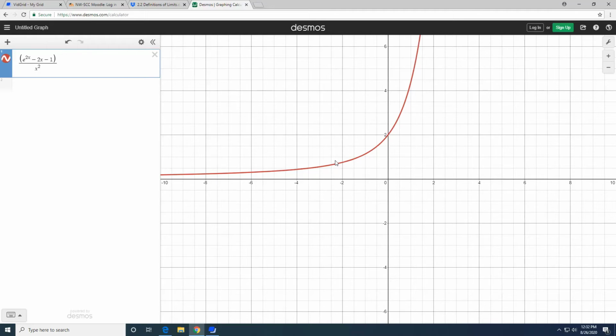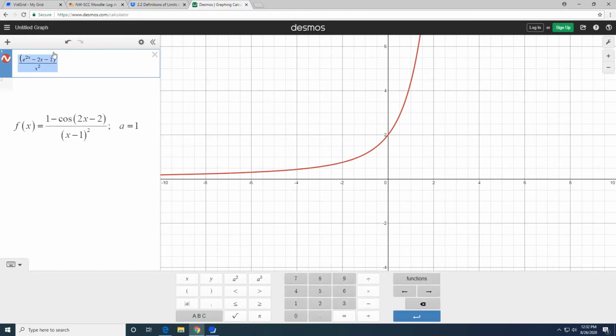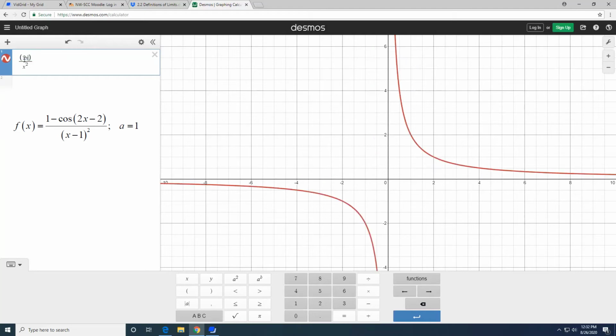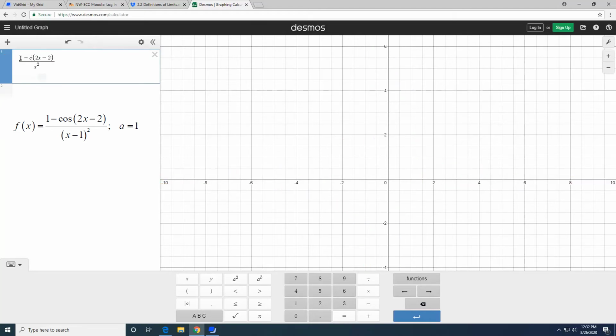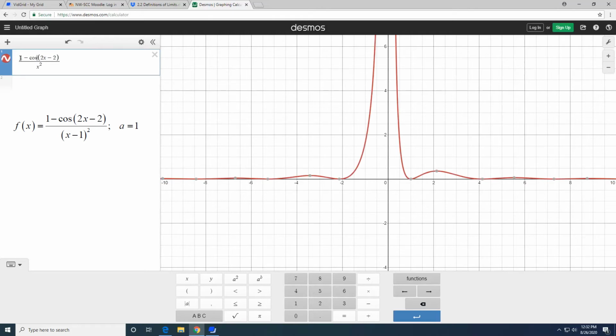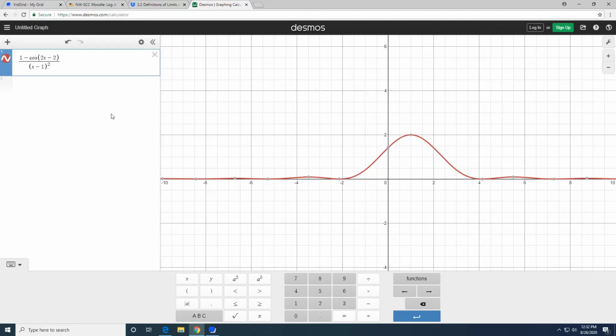Okay, the other one, let's see if I can just add it in here. All right, there we go. So 1 minus cosine 2x minus 2 over x minus 1 squared. All right, that's the graph. Okay, so we want to know as x approaches 1.